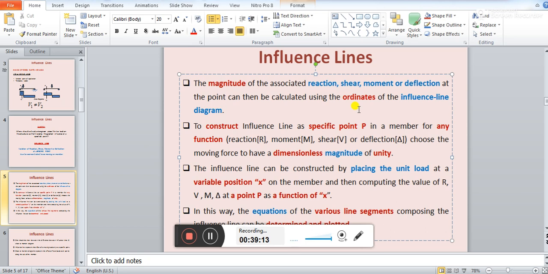You choose the moving force to have a dimensionless magnitude of unity. So this point is very important.